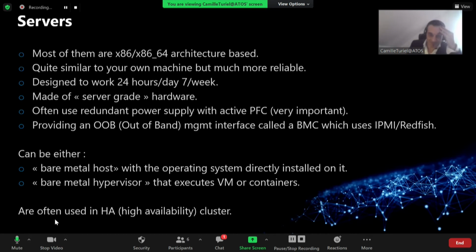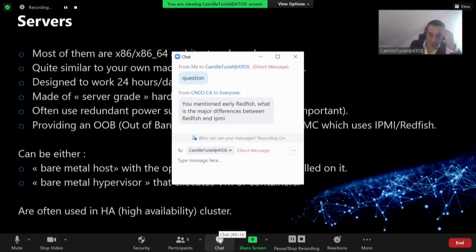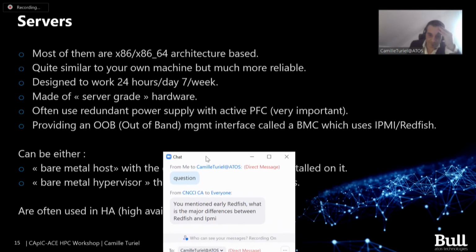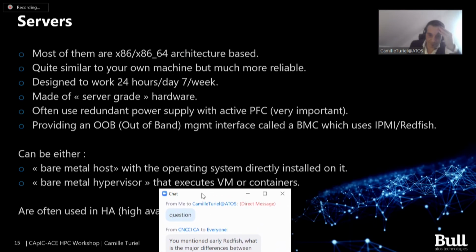I understand that BMC is another machine, and my question is how I consider that IPMI or Redfish is a preprocessor, because I understand that IPMI or Redfish is different between each manufacturer.